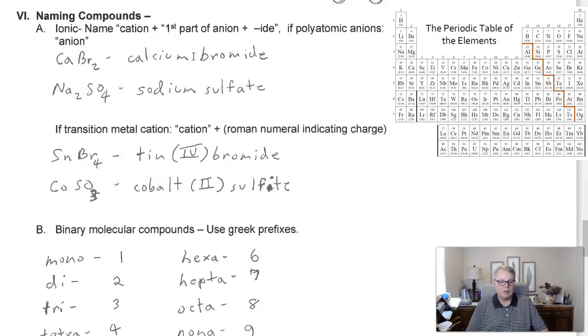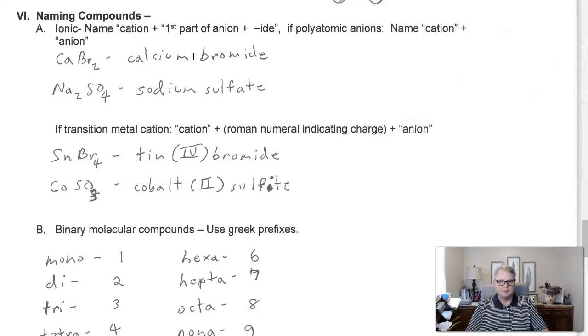Okay? And if you can do that, you're great. If you know that zinc and cadmium and silver don't use a Roman numeral, then you're even better. You're extra special awesome. So do the best you can. All right? But yeah, that's probably good enough. Okay?